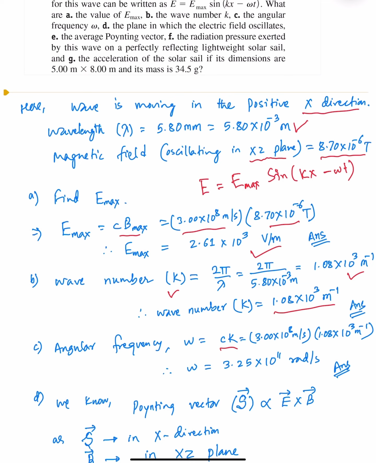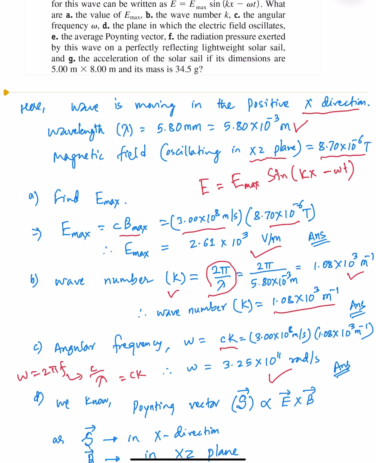You can take omega equals 2 pi f, where f equals c over lambda. 2 pi over lambda is k, so it will be ck.